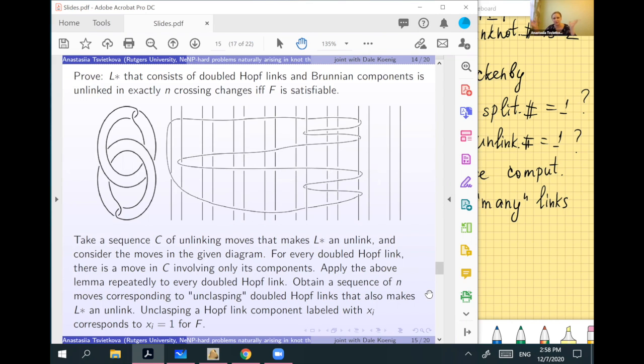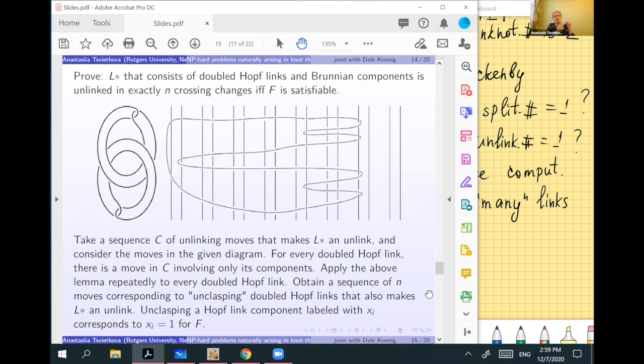You have to do this move eventually. So we substitute it by unclasping that thing first, and then doing the rest. Then we apply the lemma again, unclasp the second link, set it away and do the rest of the things.